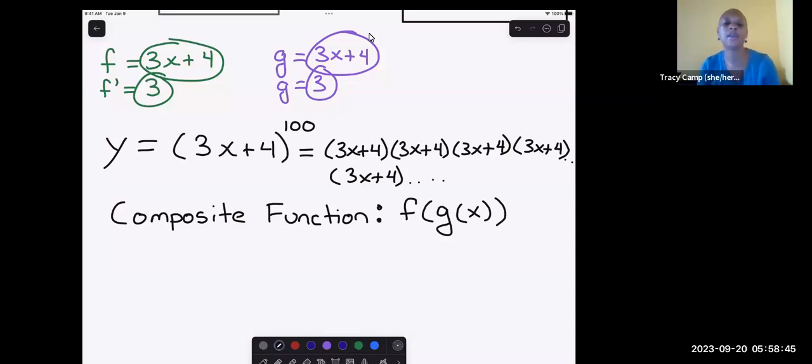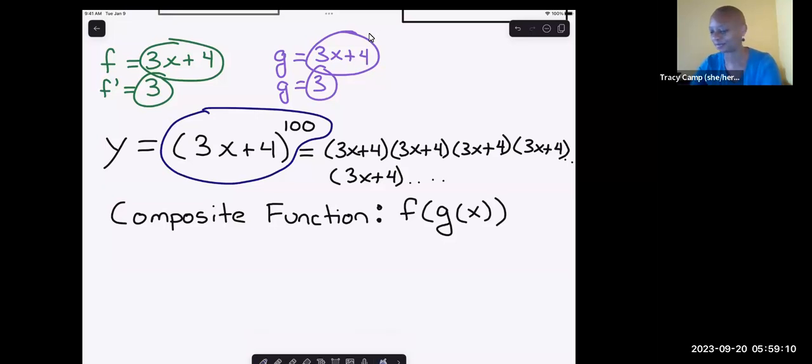F of g of x, composite function. That's again where you have a function within a function. And whenever you have a situation like this, where you have a function within a function, you can use what's called the chain rule. I'm going to explain in a moment how this right here is a composite function. But before I do that, I'm going to actually write out the chain rule.